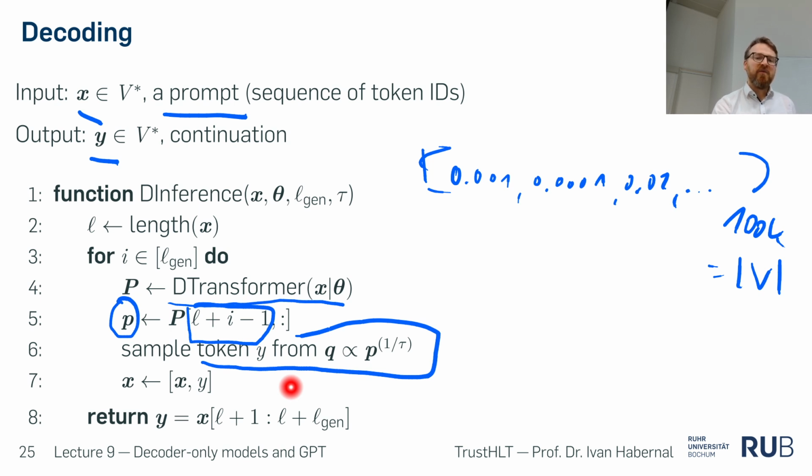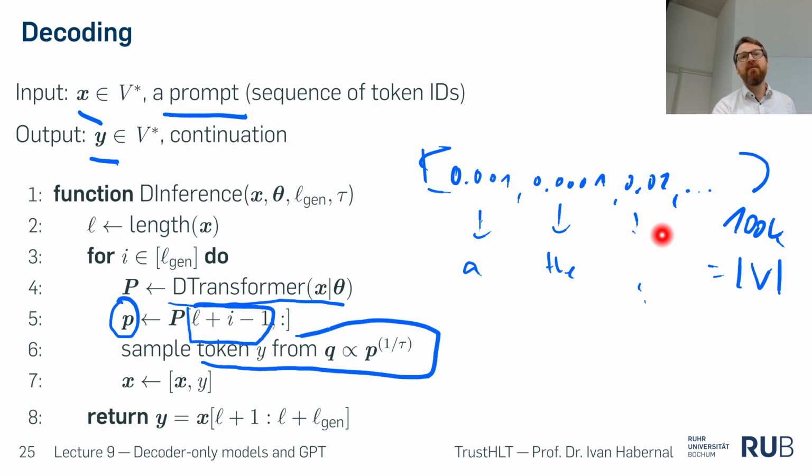Each of those corresponds to some token in the inventory. So for example, this could be A, this could be D, and so on. These are the probabilities of which word should be predicted. Which one are you going to take?